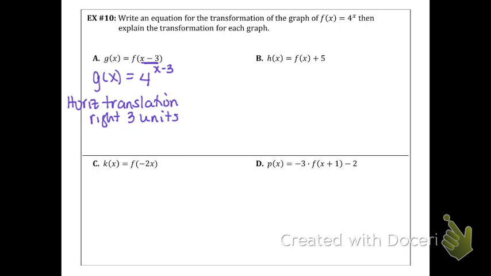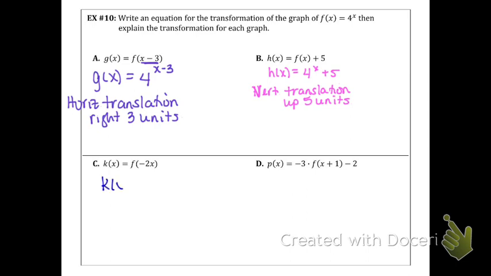B says h of x equals f of x plus 5. So our h of x is just going to be our 4 to the x and then the plus 5. And this is a vertical translation up 5 units. C has f of -2x.